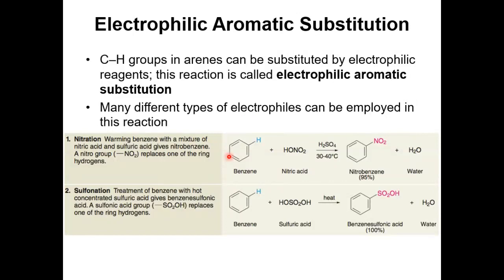When we look at each electrophilic reagent in electrophilic aromatic substitution, I suggest you always view those reagents as a combination of 2 fragments: a nucleophilic fragment and an electrophilic fragment. So the first electrophilic reagent we're going to look at is nitric acid.